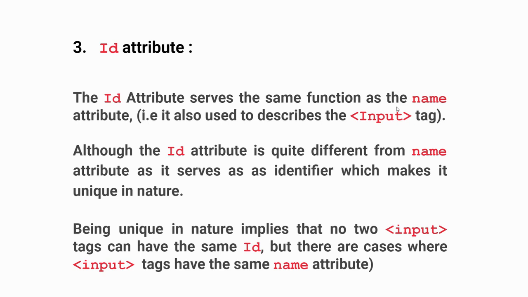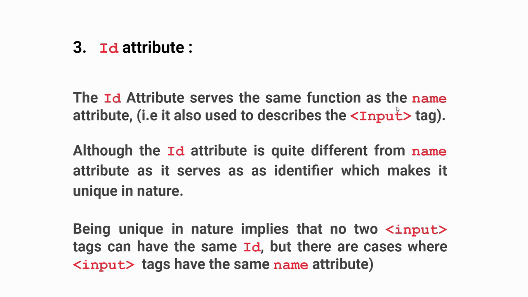The ID attribute and the name attribute, yes, they both describe the input tag, fine. But the ID attribute is meant to be very unique in such a way that no matter how many other input tags we have in that form, that particular ID attribute cannot have the same text assigned to it and to another input tag again.